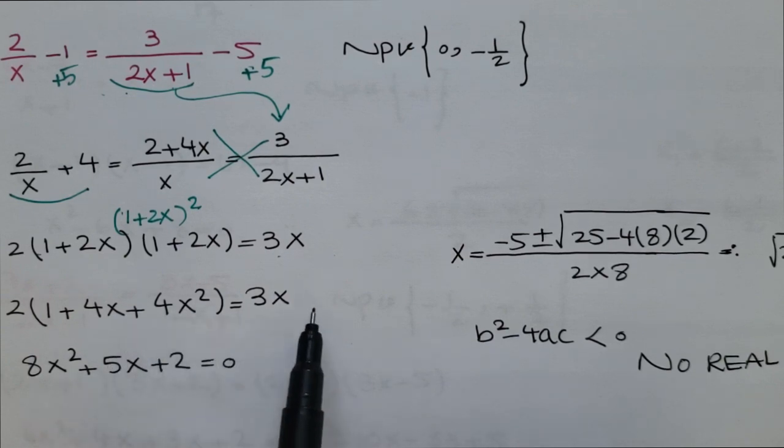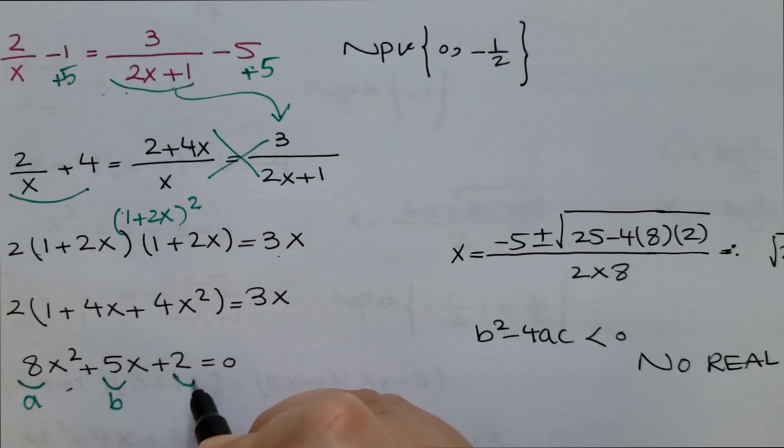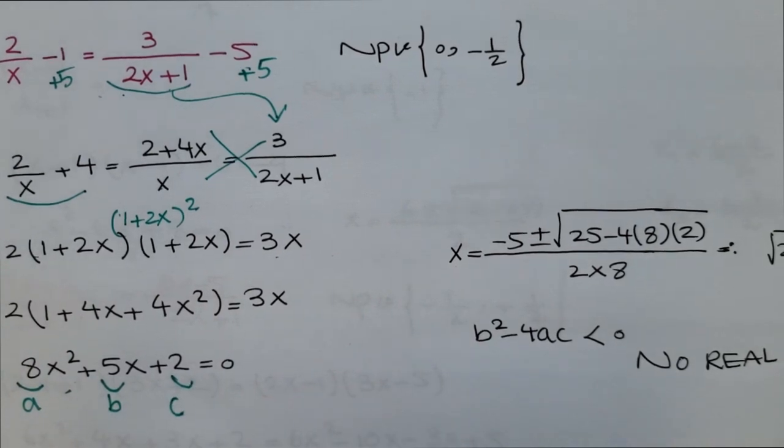From here, I have to move everything to one side and identify A, B, C, so I can put it in the quadratic formula. So here A is 8, B is 5, and C is 2.